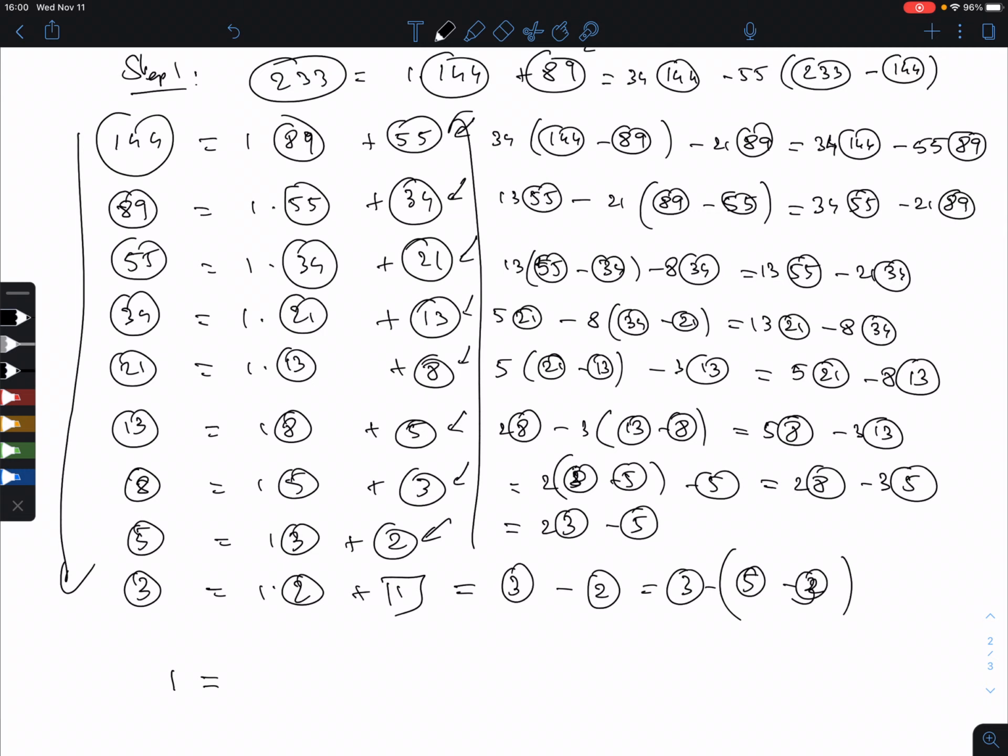So 1 is now equal to, we have 34 and a 55, so 89 times 144 plus 55 times 144. What did I do?